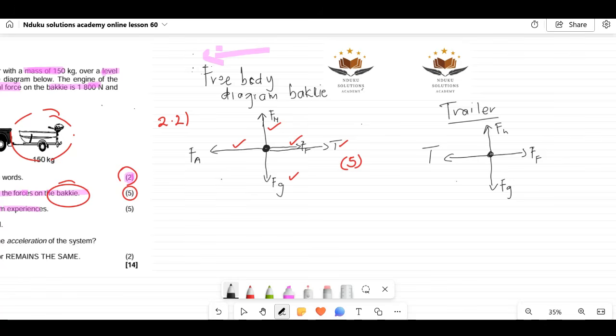So let me do this. I'll just draw a line here. Good. Might need them somewhere. Let's look at the forces that are on the bakkie. So we'll choose the direction. Just to make your life easier, always take your direction of the motion as positive.